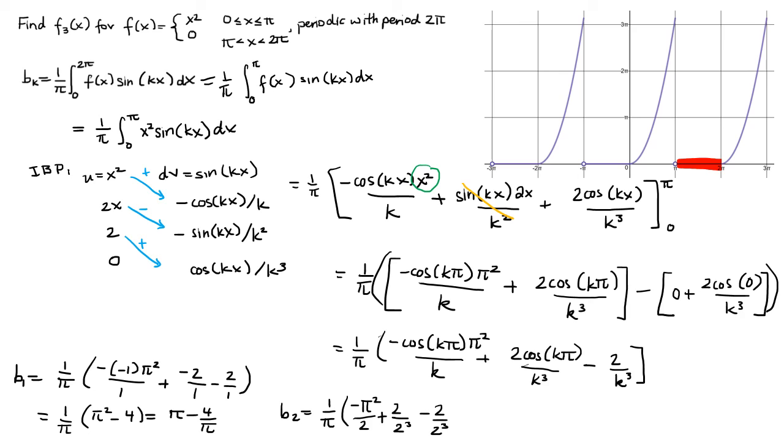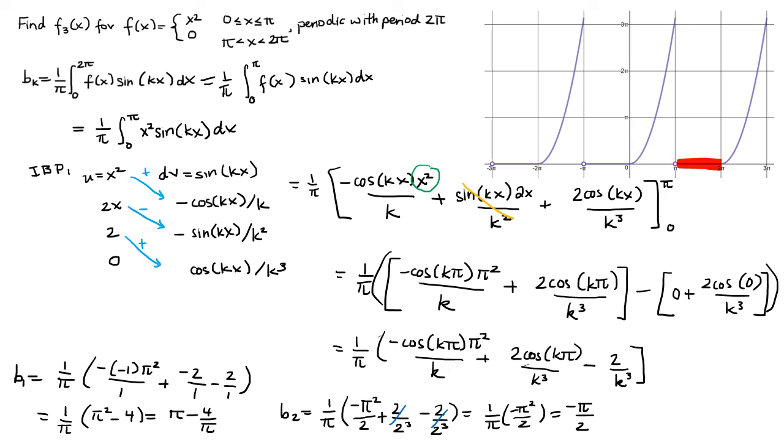Okay, so these terms just cancel out. So I'm left with 1 over pi times negative pi squared over 2, or negative pi over 2.